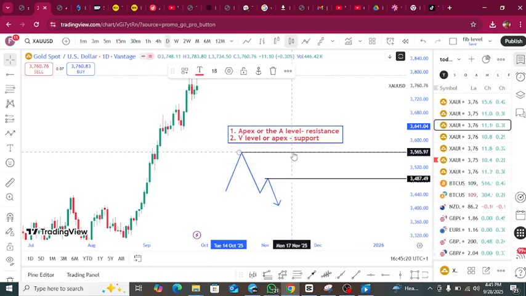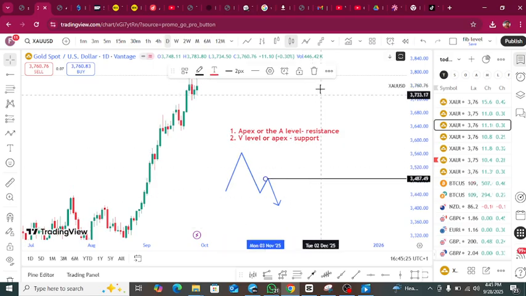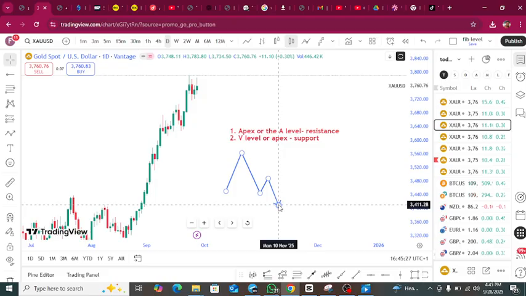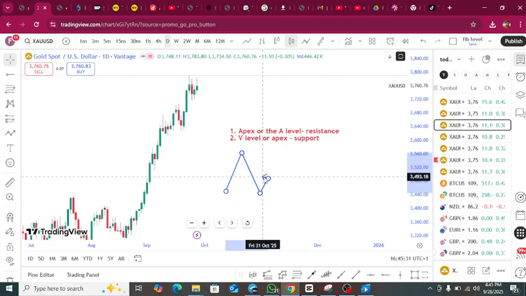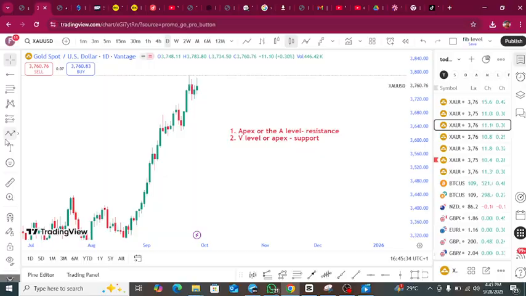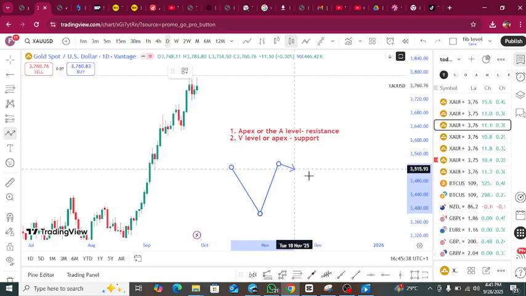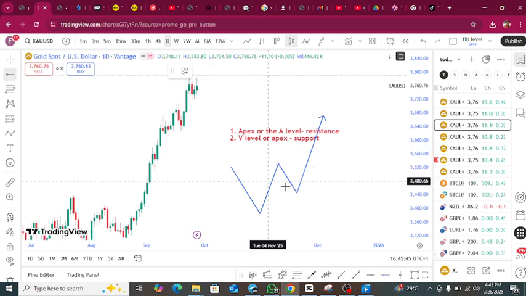Okay, now this is how a V level looks like. Let me delete this and try again. This is V level. You can see the V here, the apex.